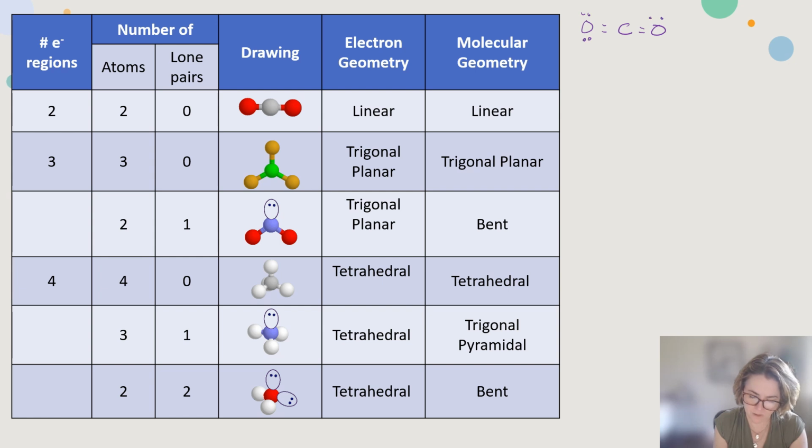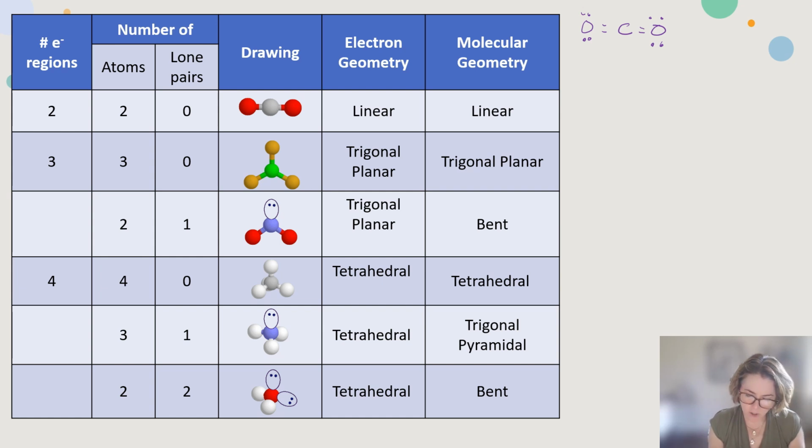Okay. In order for us to determine the electron geometry and then the molecular geometry, we have to take a look at the electron regions, and this is all going to come from the Lewis structure. The very first thing I want to do is identify my central atom. My central atom is going to be the atom that's in the middle, and it's going to be surrounded by my external atoms.